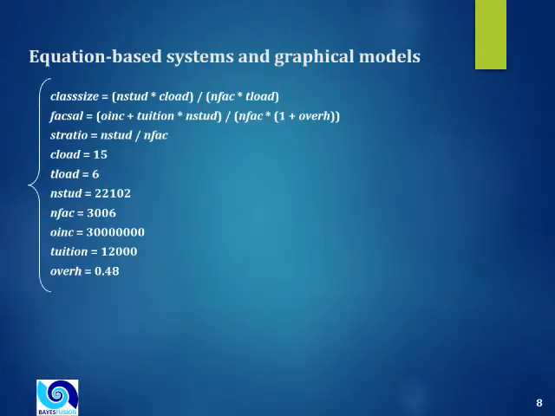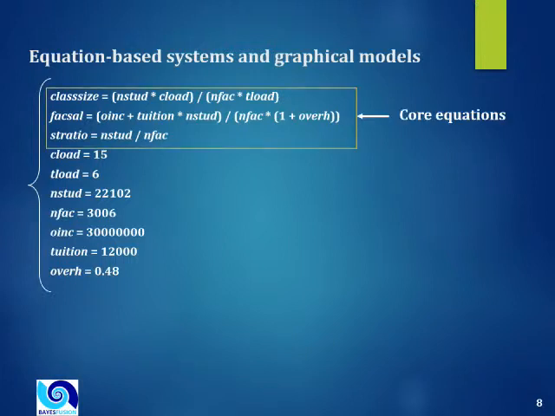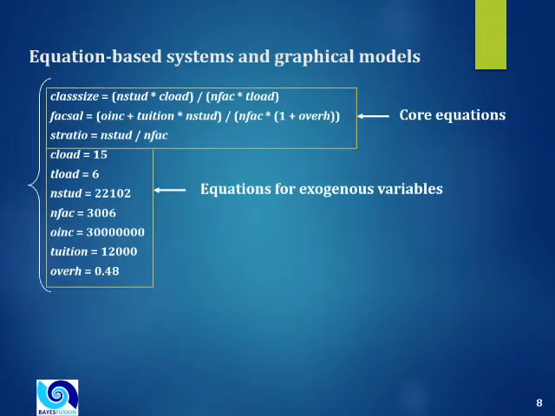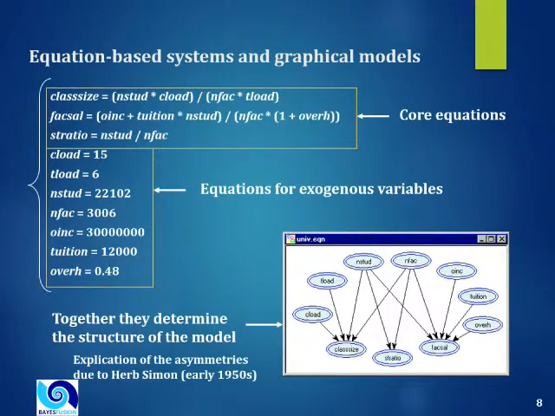Bayesian networks are very close to equation-based systems, systems of simultaneous equations in which some of the equations describe the interactions among variables and other equations describe settings for exogenous variables. A system of equations like this can be shown by means of a directed acyclic graph.